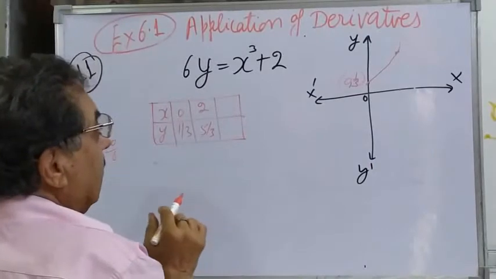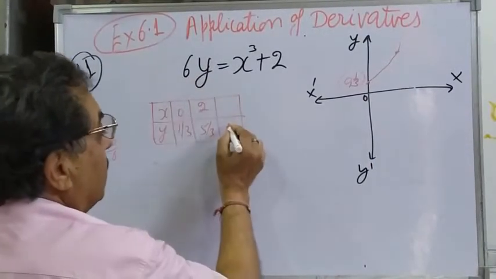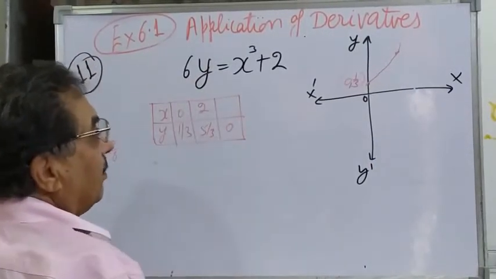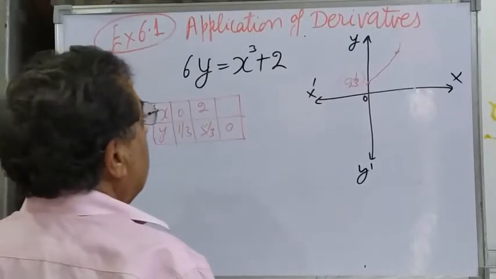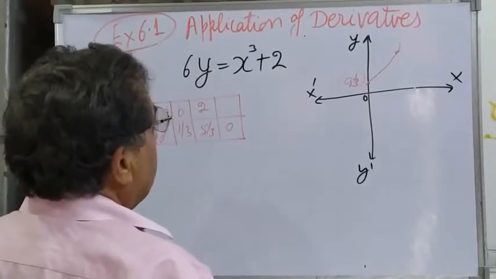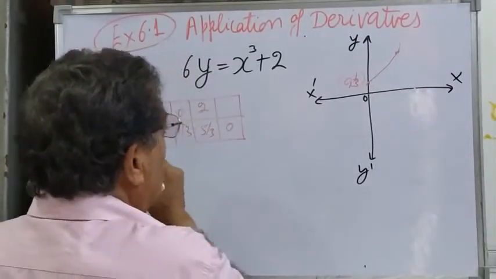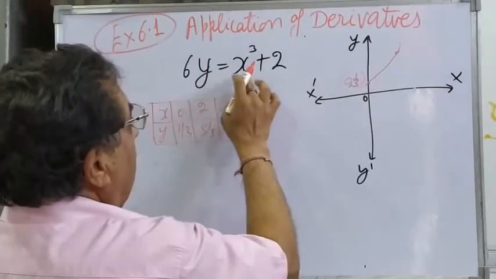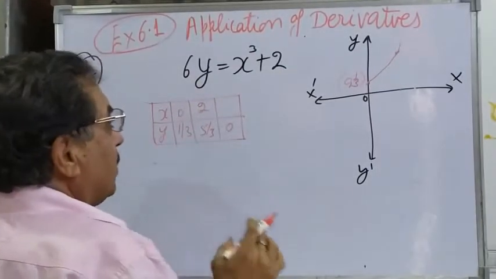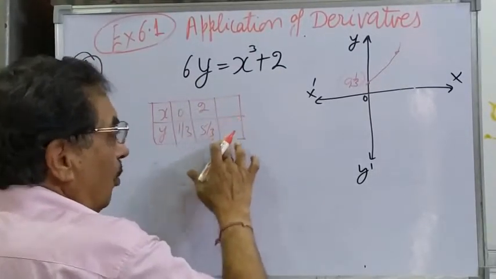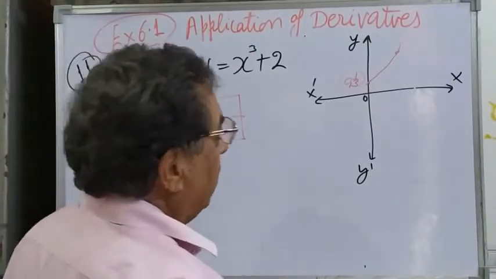In case I take y as 0, we get x cube equal to minus 2, which comes to be some complex number, so leave it.